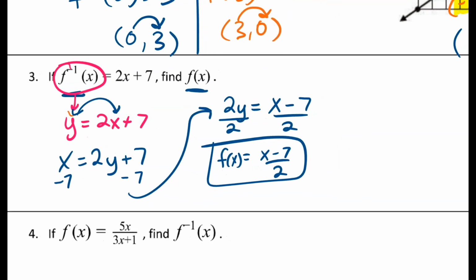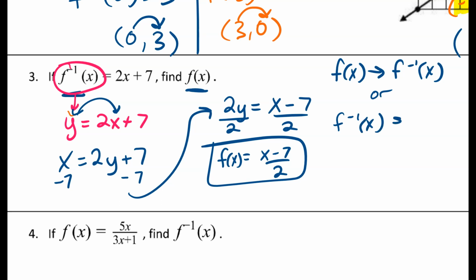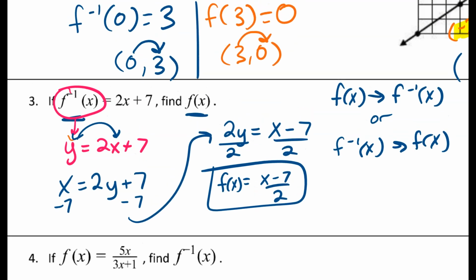So algebraically, the way to go from a function to its inverse function, or from an inverse function to the original function, is exactly what we did for the points, where we swapped x and y. So we're just going to swap x and y. That's always going to be our first step.